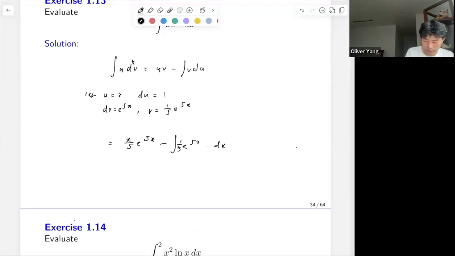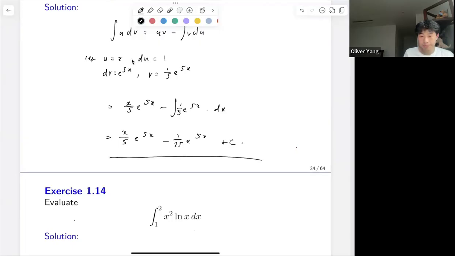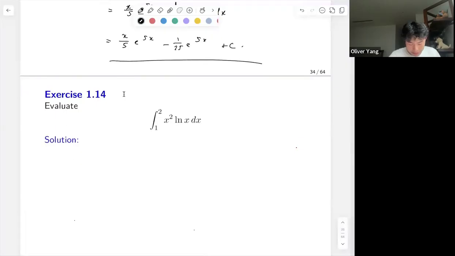Right? And we can just integrate what's on the right here pretty easily. So it's going to be x on 5 e to the 5x, minus 1 on 25 e to the 5x, plus c. Yeah, that's pretty nice.